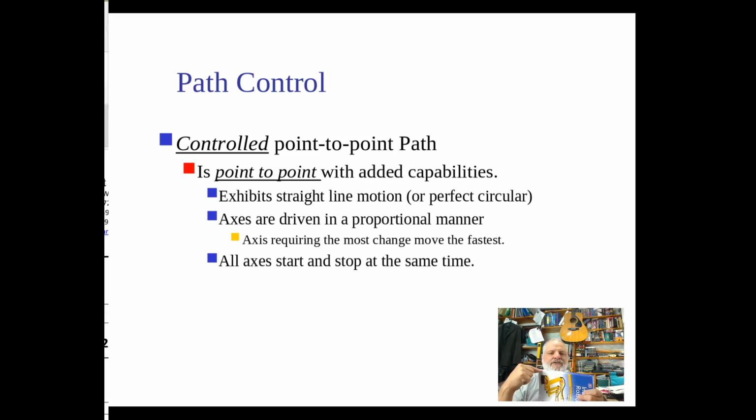So I'm going to move at a constant rate so that it takes 5 seconds to move that far, or maybe 30 seconds. That's some of the things these controllers can do, and we'll see that when we get to the Fanuc motion instructions.